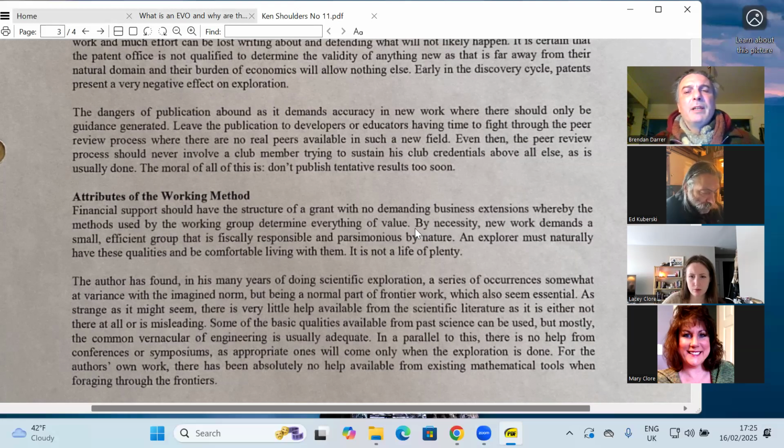By necessity, new work demands a small, efficient group that is physically responsible, parsimonious by nature. An explorer must naturally have these qualities and be comfortable living with them. It is not a life of plenty.